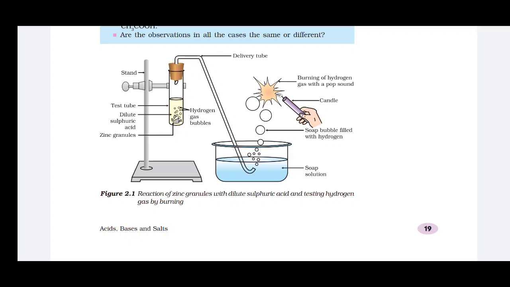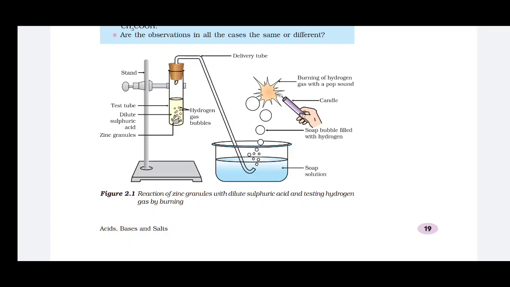So we are doing an activity to show the reaction between an acid and a metal. Here the acid is HCl and the metal you are using is zinc granules. Now when both of them react, you can see that in that soap solution you will get bubbles, and when you bring a burning candle or a burning stick near this bubble, you can hear the pop sound.